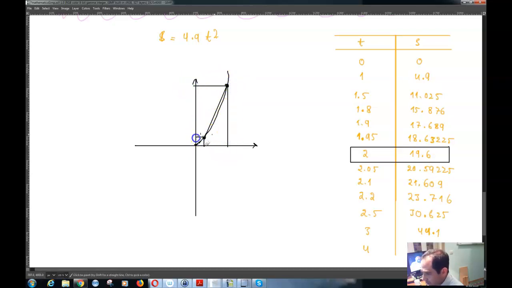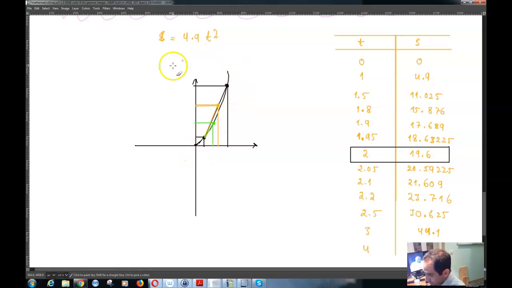And then again we got a little bit closer to this point, and this was the average velocity for this shorter trip. Then again we got a little bit closer to the other point, and we calculated the slope of this line, and that was the average velocity between these 2 points, and so on and so forth.